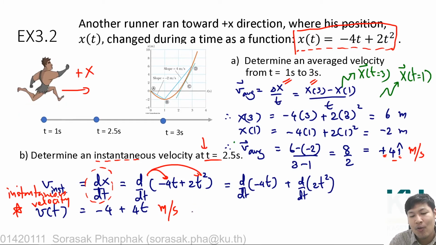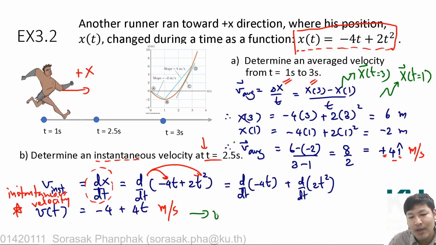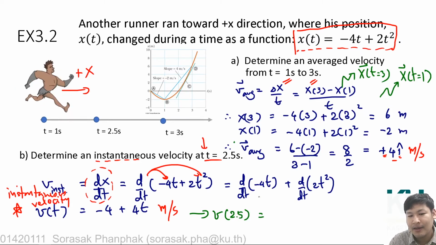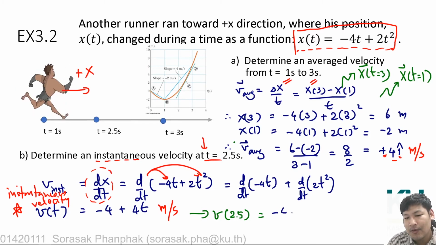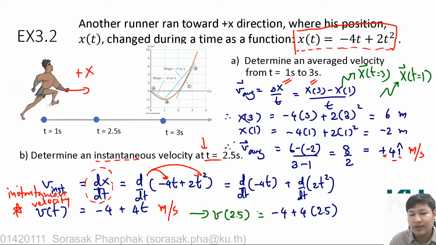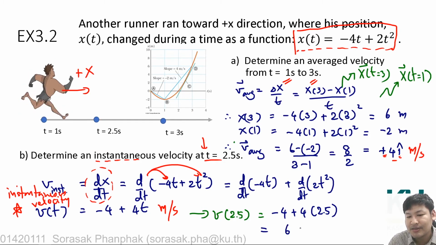And what the question is asking you about is v at t equal to 2.5. So now you sub it in, so it's minus 4 plus 4 multiplied by 2.5, so you're going to get the final answer of 6 meters per second.